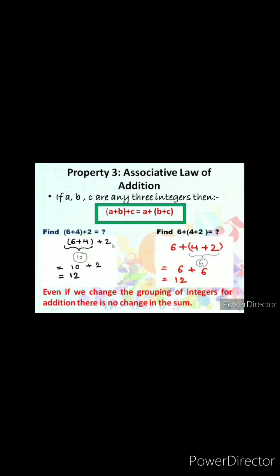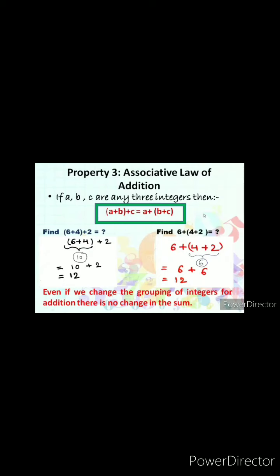So the grouping in both cases was different, but yet there was no change in the answer. This leads us to the fact that even if we change the grouping of integers for addition, there is no change in the sum. And this is our associative law of addition.